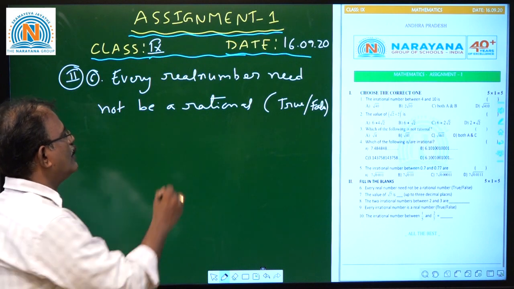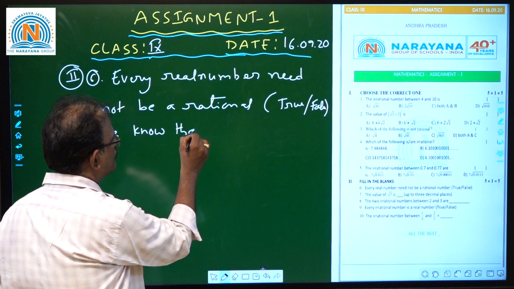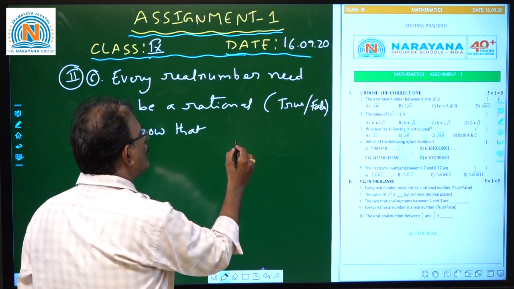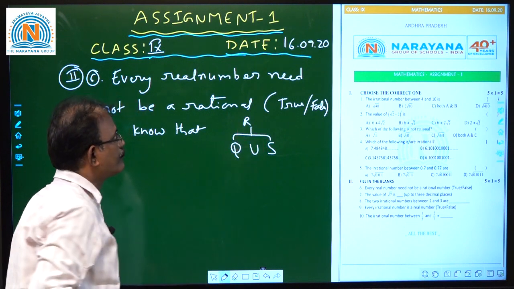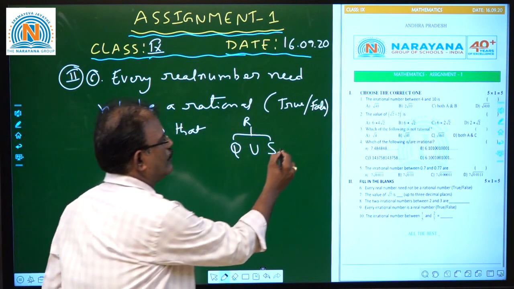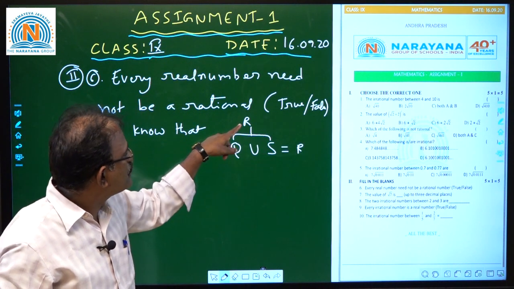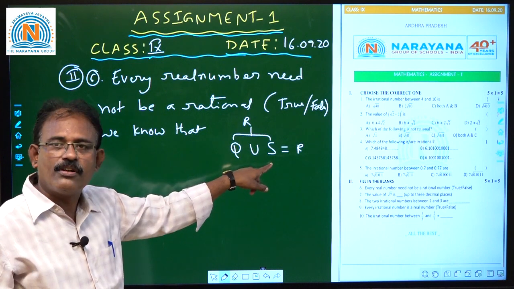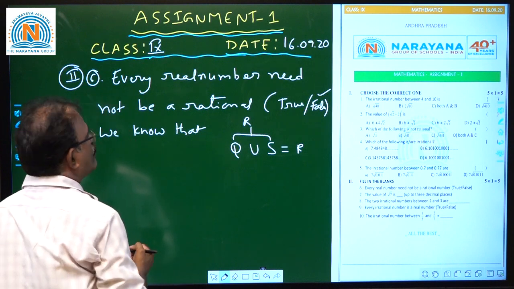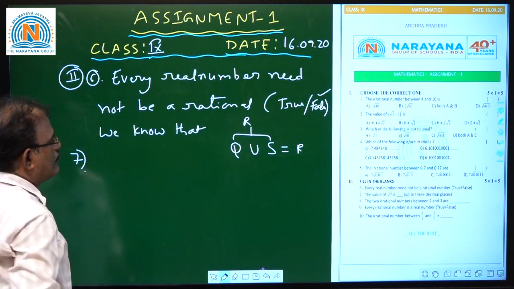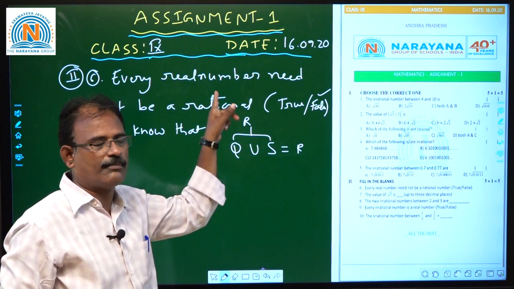See, first of all, we know that Q union S becomes R. If every real number were a rational number, what about surds? So this is false. If every real number is a rational number, surds are there, so this statement is wrong.